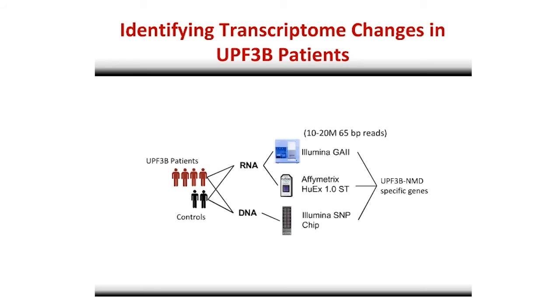We also screened the DNA for any other copy number variants that could somehow explain changes in this gene expression, and really then looked to see which particular genes, or what was the degree of alteration in the transcriptome, and also which particular genes might be deregulated in blood that could give us some sort of surrogate information on what was happening in the brain.